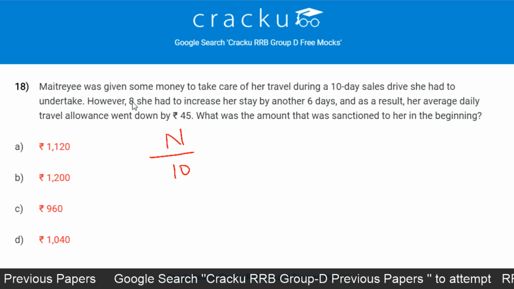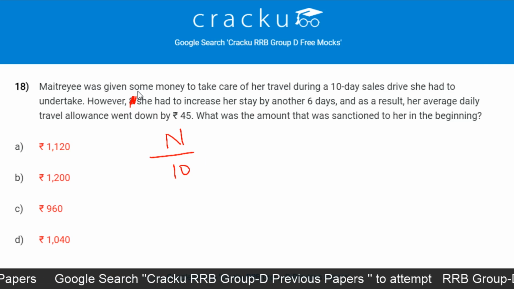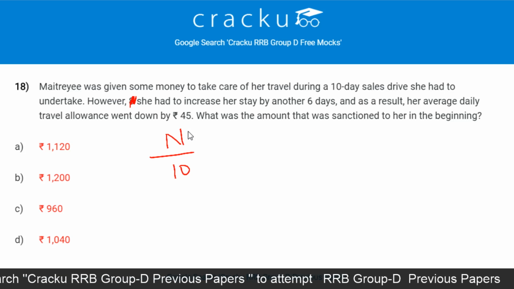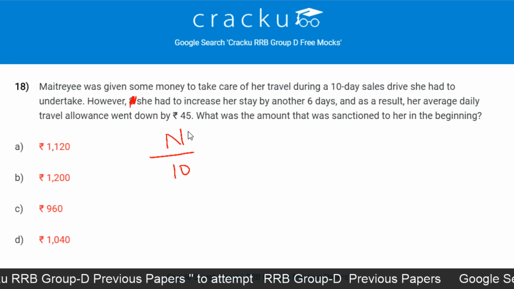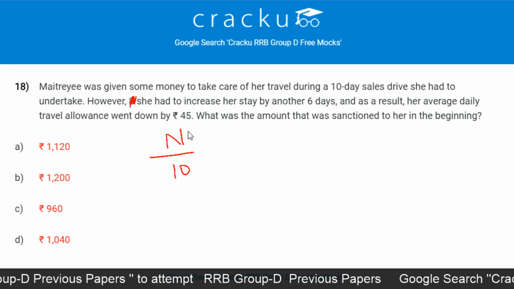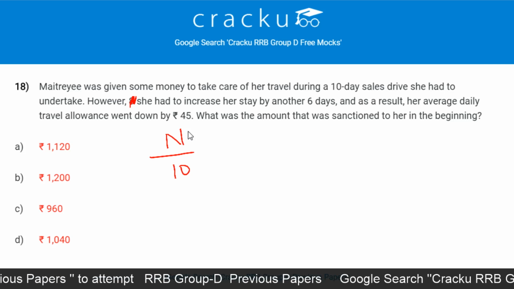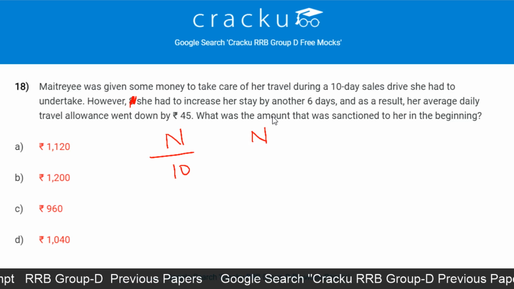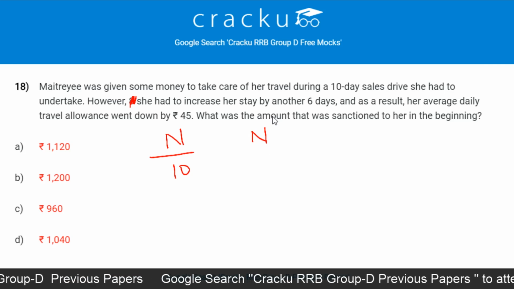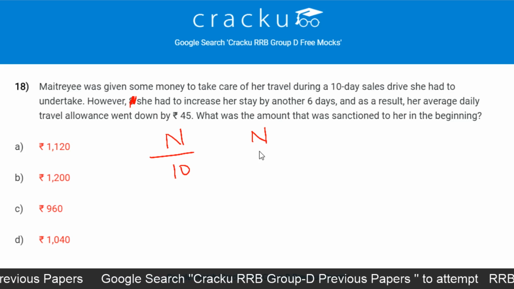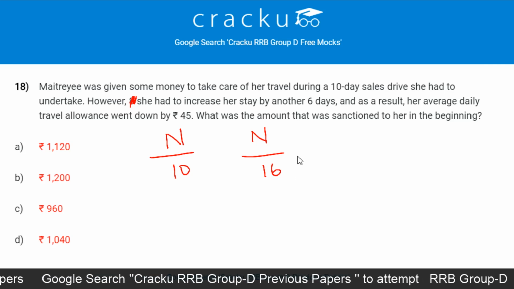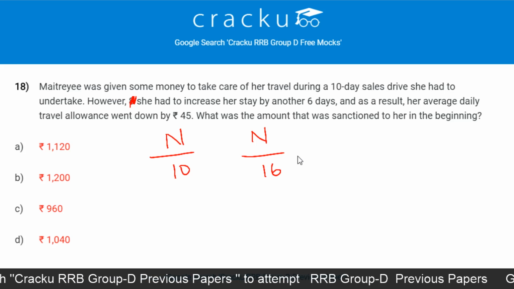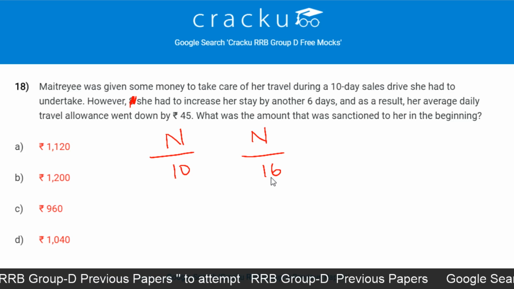However, she had to increase her stay by another 6 days, and as a result her average daily travel allowance went down by 45. So the total amount is N and the total number of days is now 16, so the average amount spent per day is N by 16.